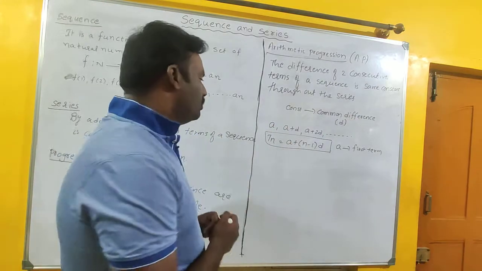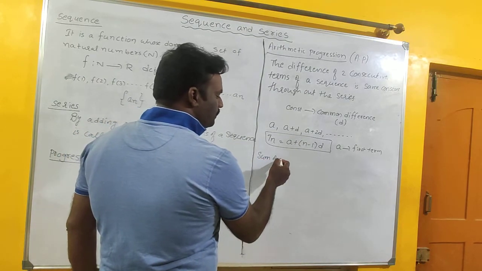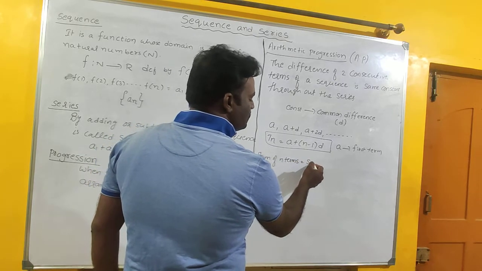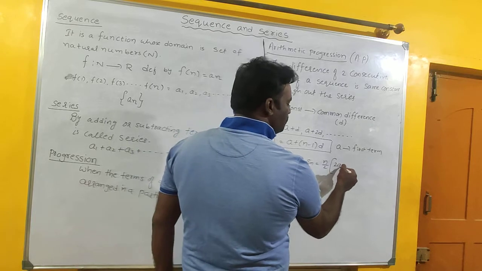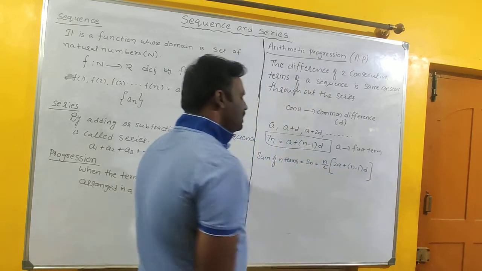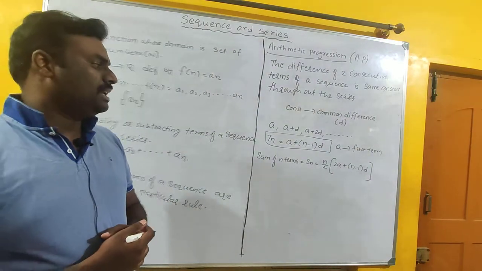Okay. Next, what is the formula for the sum of n terms in AP? Sn is equal to n by 2 into 2a plus n minus 1 into d. This is the formula for the sum of n terms in AP.